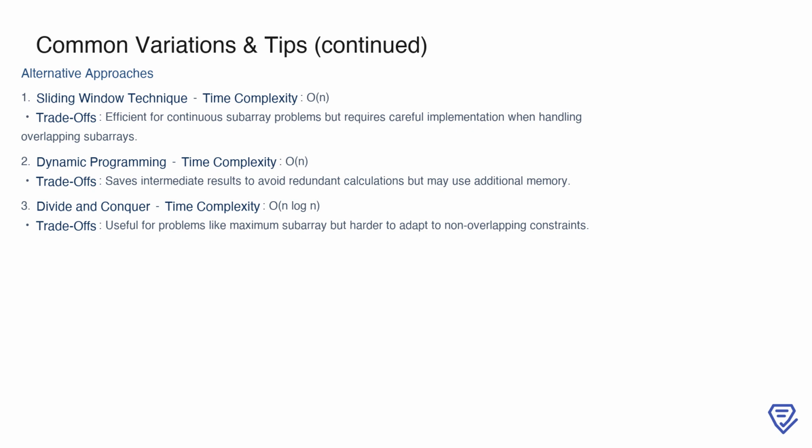By saving intermediate results, this approach avoids redundant calculations, although it may require additional memory. Lastly, the divide and conquer method, with a time complexity of O(n log n), is well suited for problems like the maximum subarray. However, it is more challenging to adapt this approach to problems with non-overlapping constraints. Each of these techniques has its own trade-offs, so selecting the right one depends on the specific requirements and constraints of the problem at hand.